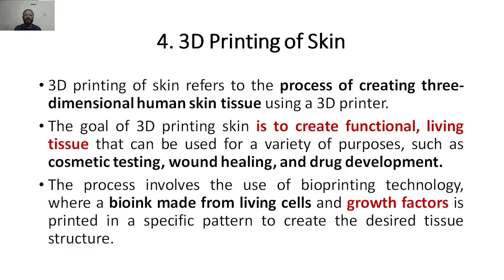Similarly here we are using growth factors, so that it is printed with a specific pattern. As I told you, there is different skin on the face, on the palm, on the legs or the normal hands, different skins on body parts. So we can customize a specific pattern, and create a desired tissue structure.